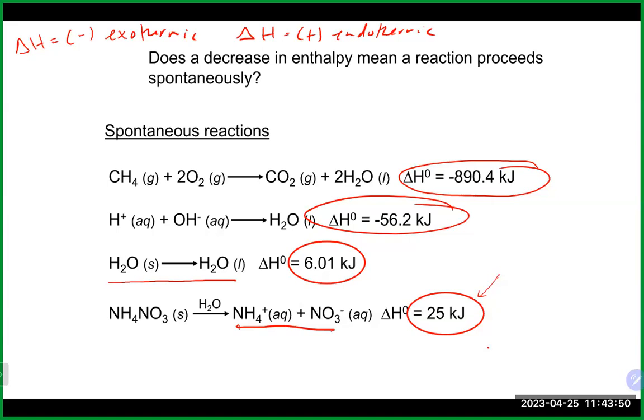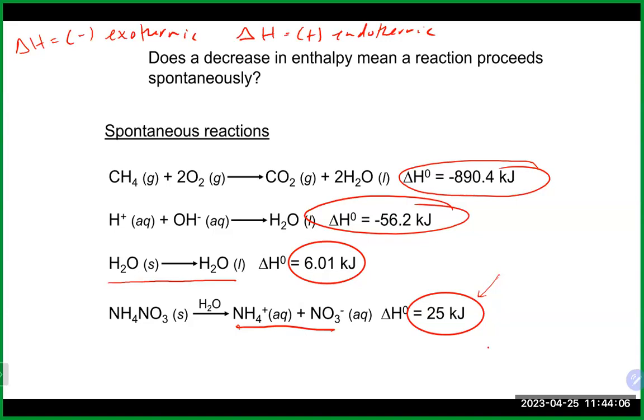an endothermic reaction. So what we see with these examples is you definitely can have a spontaneous reaction that is exothermic, but you could just as easily have a spontaneous reaction that is endothermic as well.